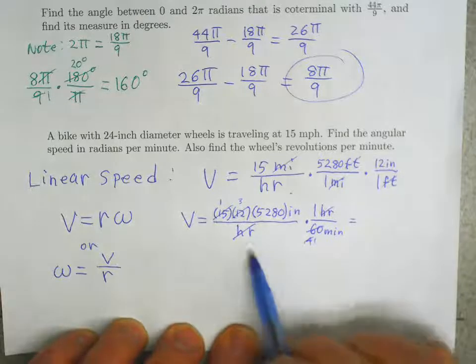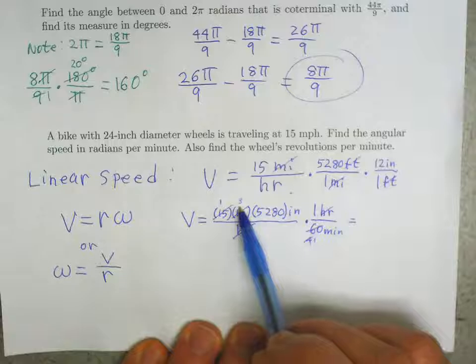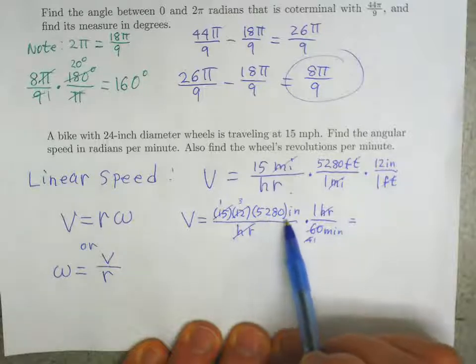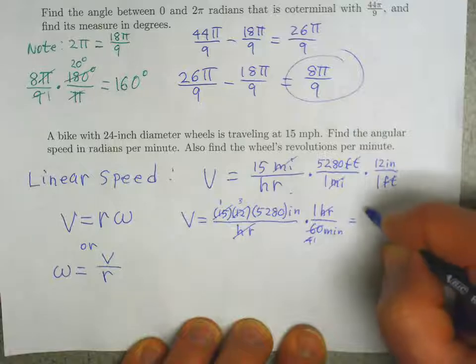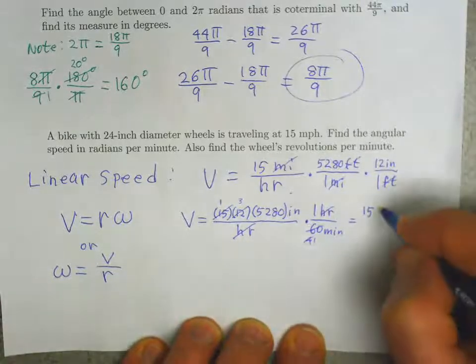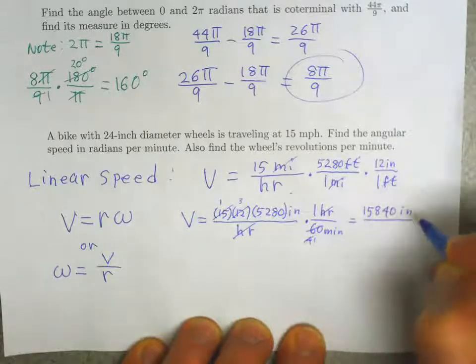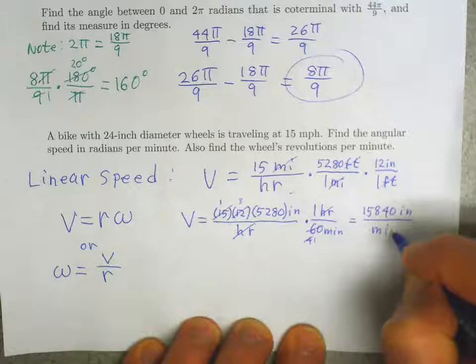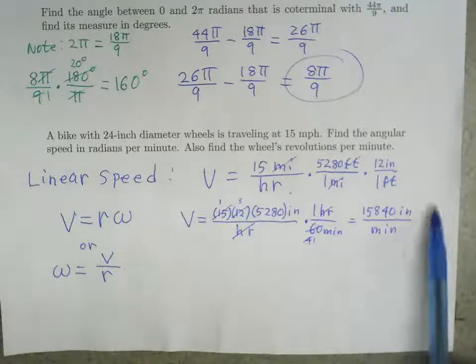So now the denominator is just 1 minute. And then 3 times 5,280 inches, that's just 15,840 inches per minute. Okay, so that's the linear speed in inches per minute.